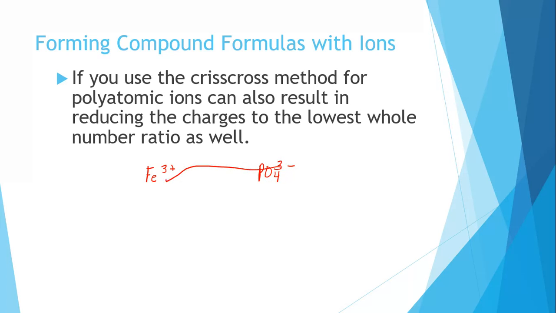If I cross these charges, you would originally get Fe3(PO4)3. However, since these charges are the same, I have to reduce them. So you would originally get the compound Fe3(PO4)3, and if you reduce and take out the parentheses, FePO4 would be your final one.